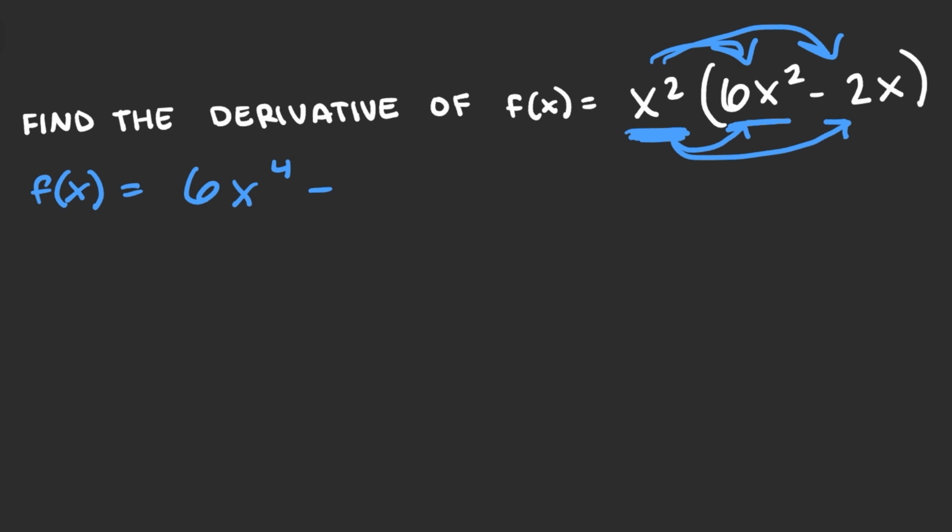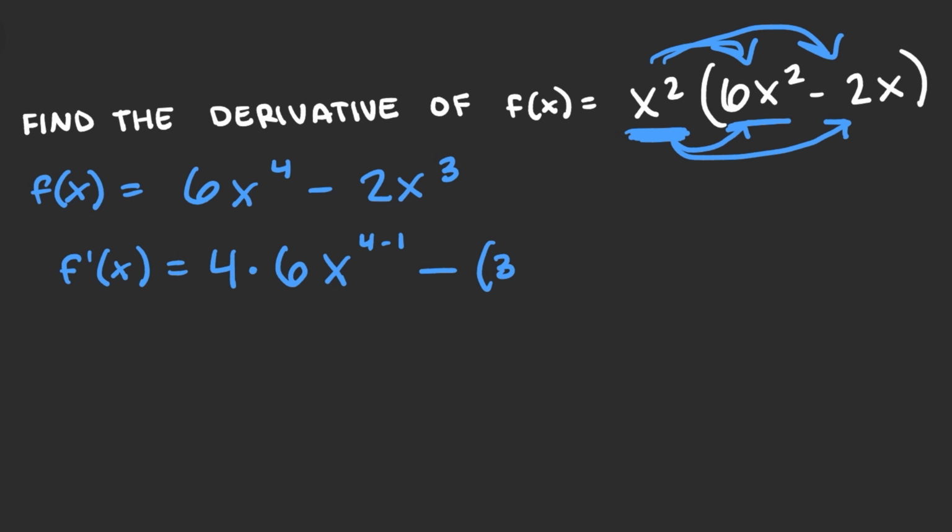Right? So now we can go ahead and take the derivative using our power rule, which will look like this. We have f prime of x equals 4. Remember, we bring our exponent down, times the coefficient 6, our variable x, 4 minus 1. And then for our second term, we have 3 times our coefficient 2, x, 3 minus 1.